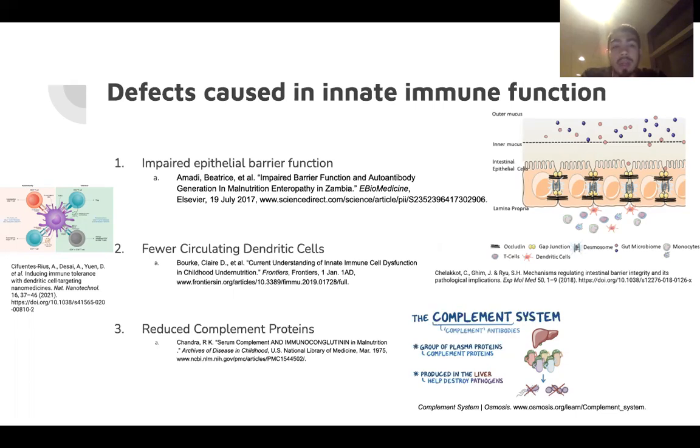The second effect is that there are fewer circulating dendritic cells, and this was taken from a study involving children, again, with severe acute malnutrition in Zambia. Essentially, what they observed was that these children had low numbers of myeloid dendritic cells, and additionally, that the reduced dendritic cell count was correlated with the malnutrition effects these children had, right?